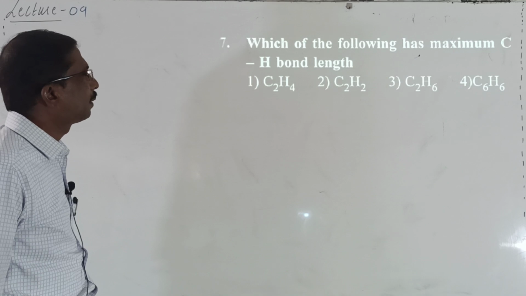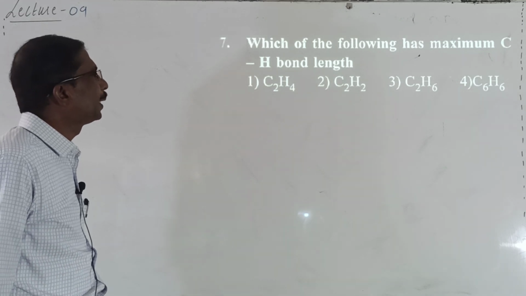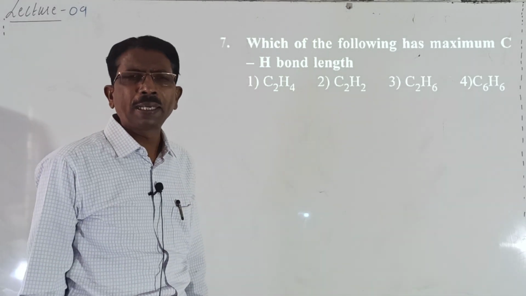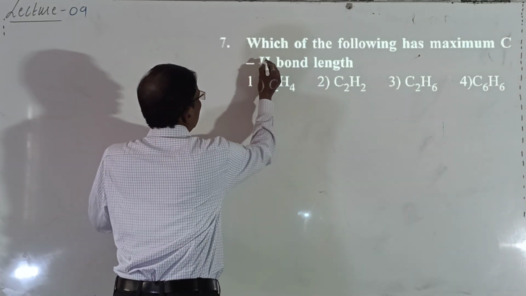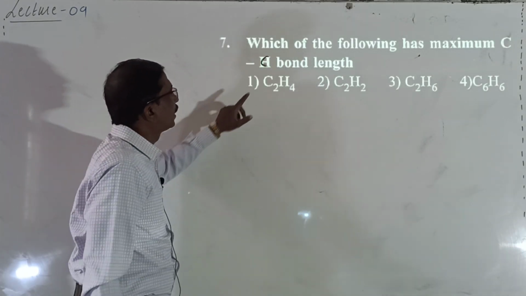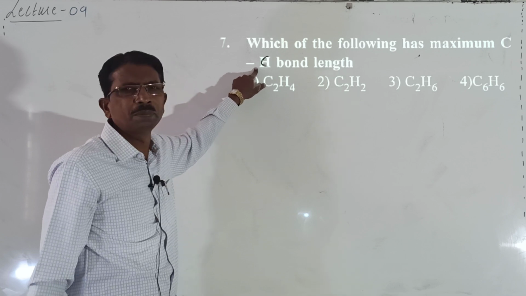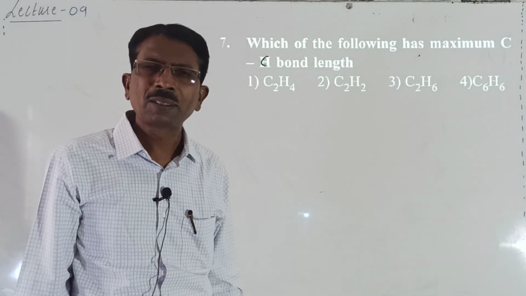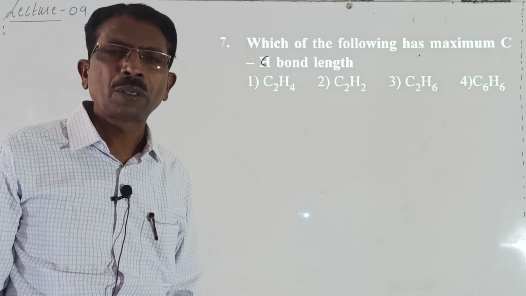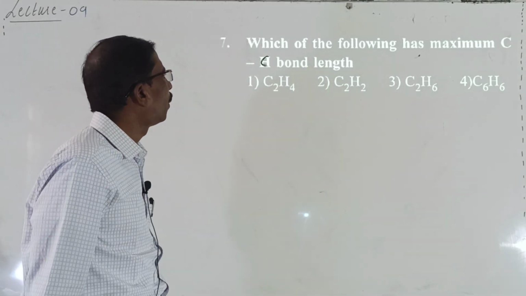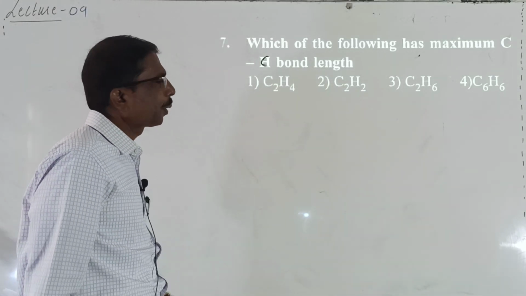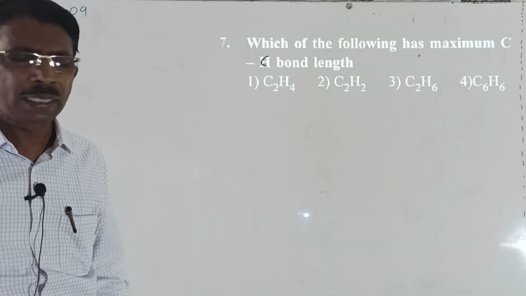Look here, which of the following has maximum CH bond length? It is a simple question, make a small correction. Here instead of CH, you write CC bond length, carbon-carbon bond length. There is a small mistake in the book. So what is the carbon-carbon bond length in ethene?